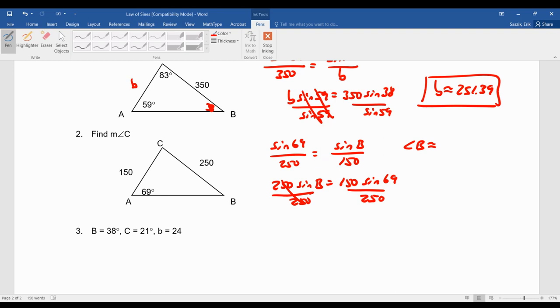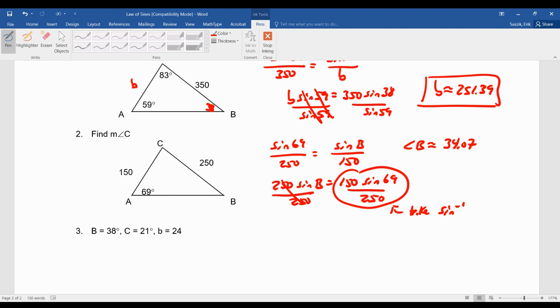150 sine of 69, hit enter, divide by 250, hit enter. Take the inverse sine of that answer, and I get 34.07. So that's angle B. Now I can take that 34.07, add it to the 69 that I had earlier, and now subtract from 180.